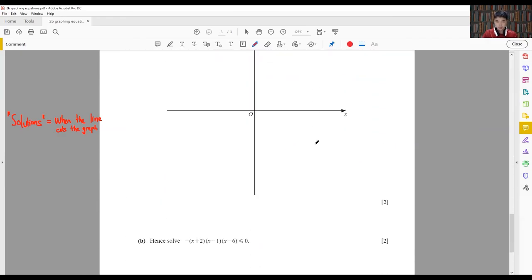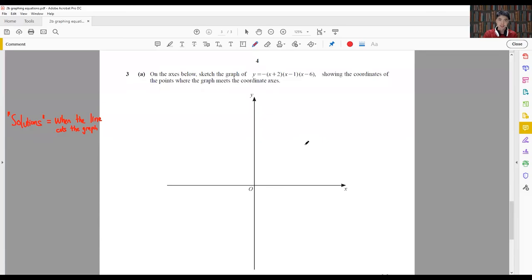Looking at one more example, in this case here, this is actually a cubic graph because why? You have 3 brackets, okay? And in fact, it is a negative cubic graph. That means it will start from this end and end at this end here, okay? So firstly, we identify the values where it cuts the x-axis.